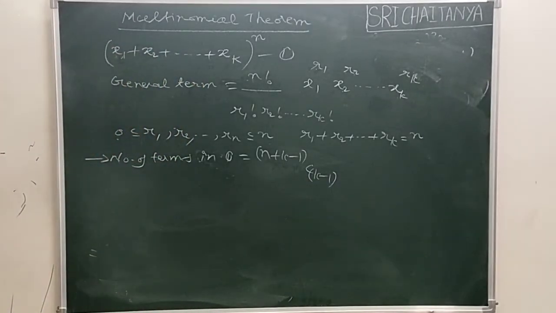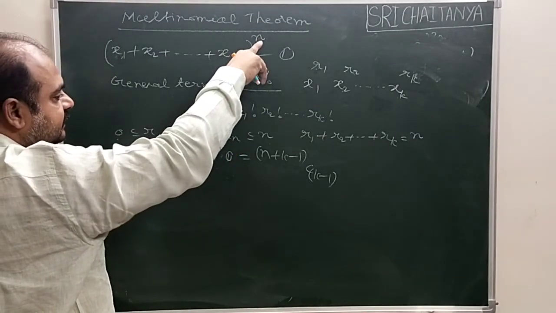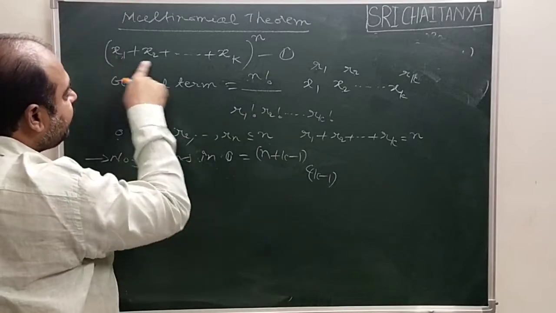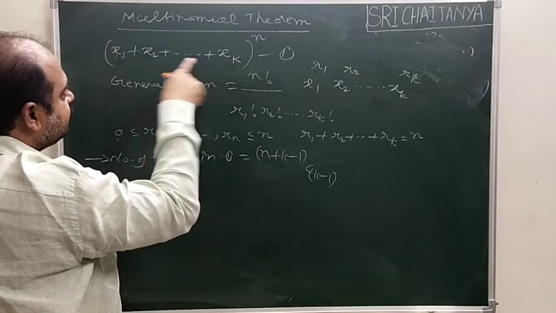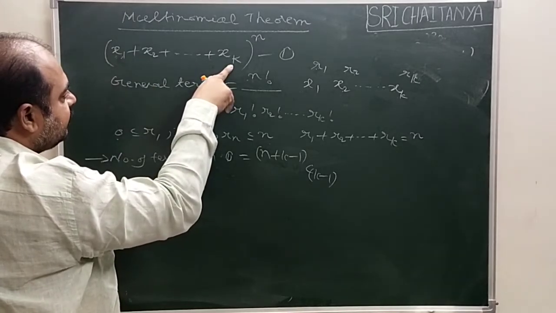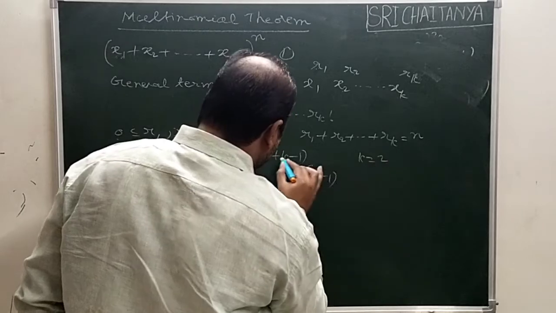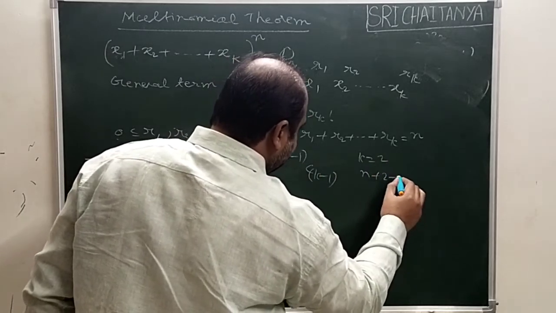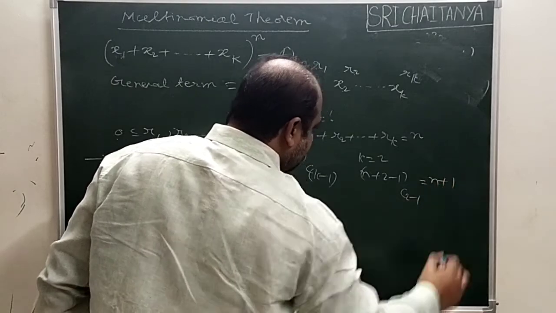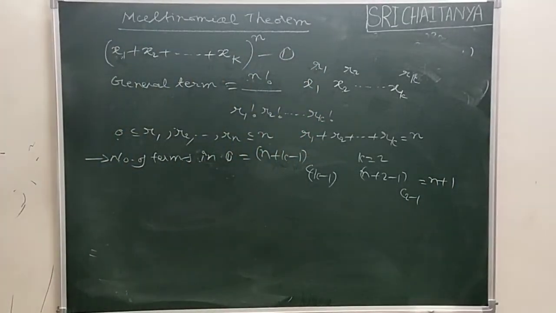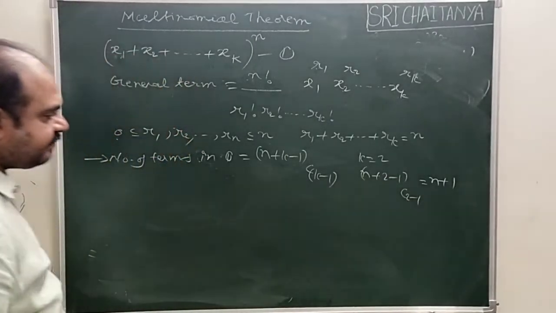Here n is the power in the expansion, and k is the number of variables, so k variables are there. Suppose k equals 2, that becomes the binomial theorem: n plus 2 minus 1 C 2 minus 1, which is n plus 1 C 1, that is n plus 1. That means if it contains two variables, then n plus 1 terms will be there.